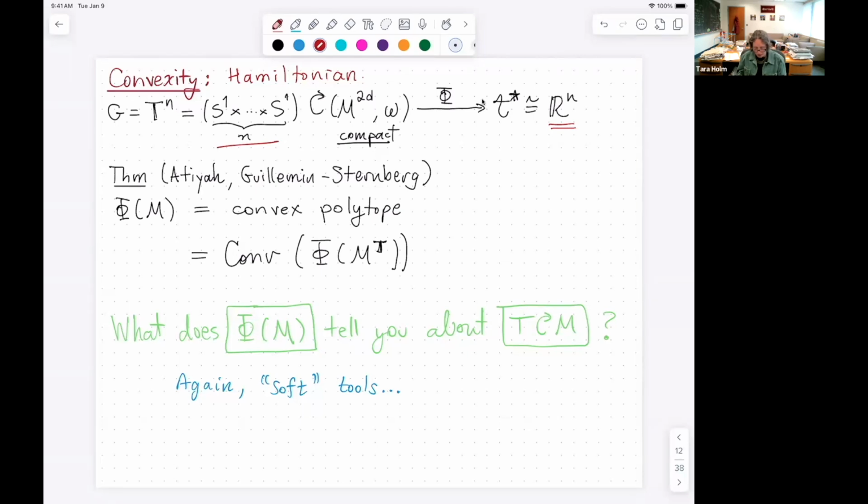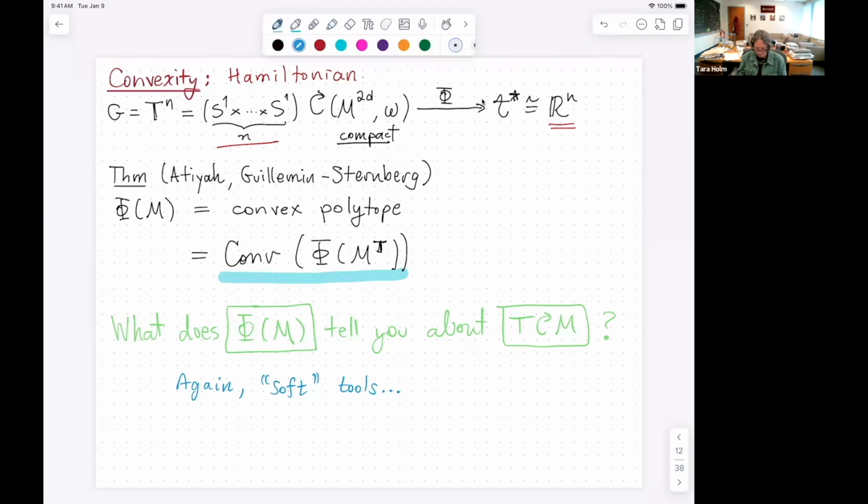In the 80s, Atiyah and independently Guillemin and Sternberg proved that one of the key properties of the momentum map is that the image is a convex polytope. More explicitly, it's the convex hull of the images of the fixed points. So here, again, we're seeing that the fixed points play some key role.